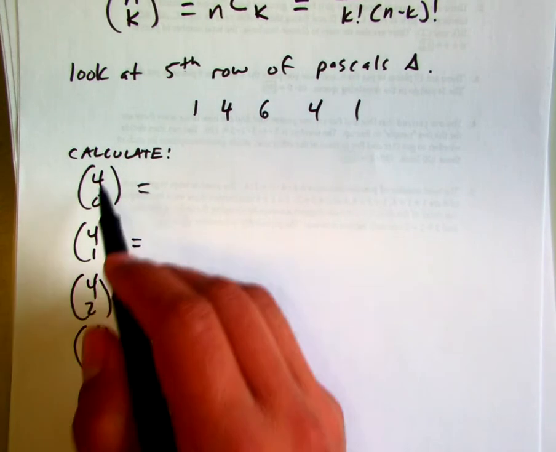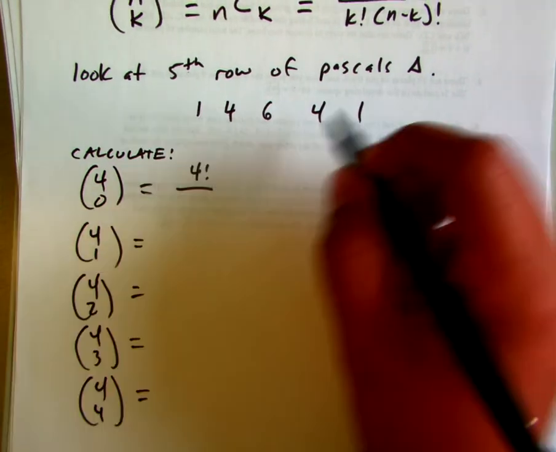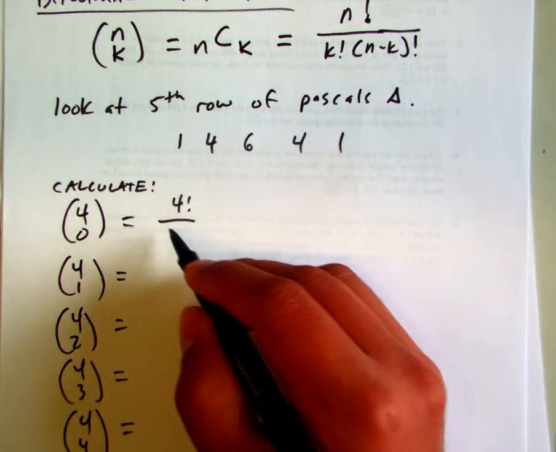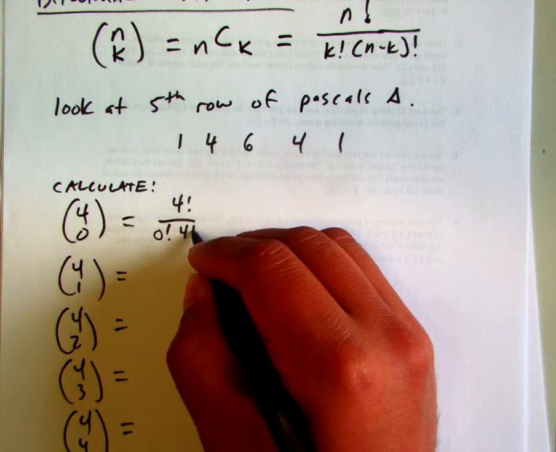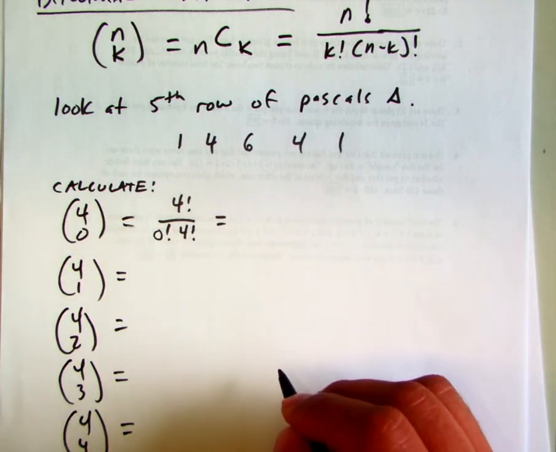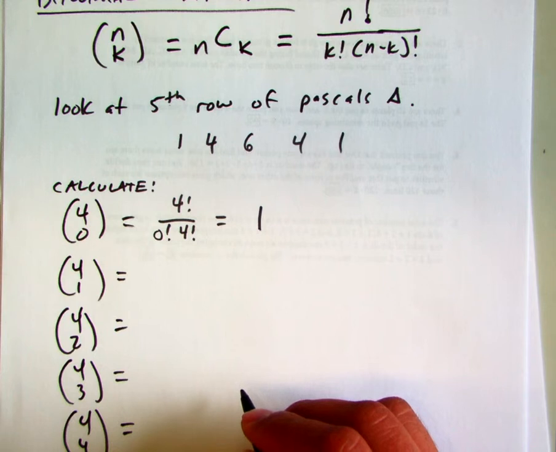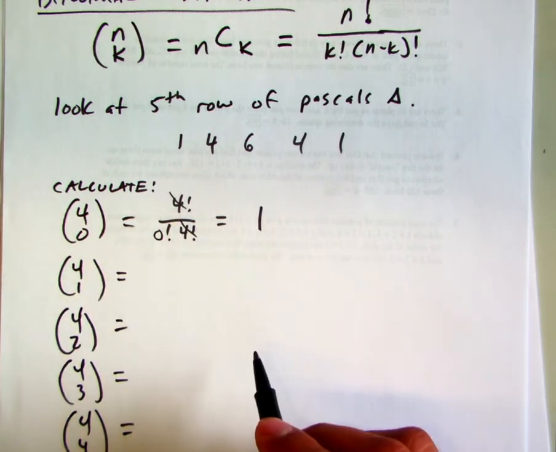4 choose 0. n is 4, so we do 4 factorial. And then k factorial would be 0 factorial. n minus k is just 4 factorial. What do we get? Because the 4 factorials cancel, and 0 factorial is 1.